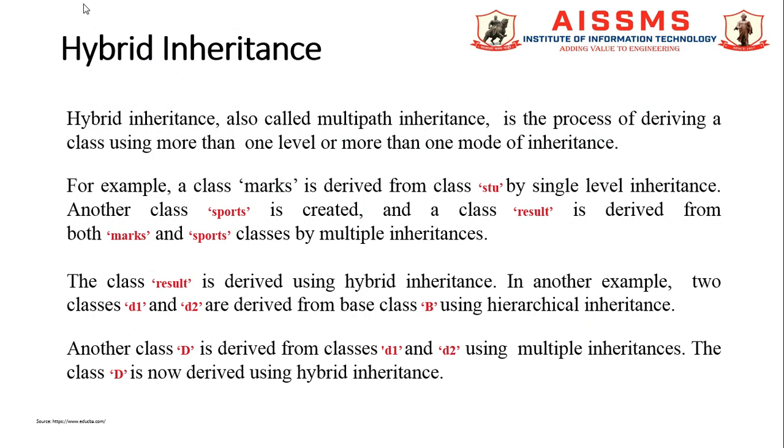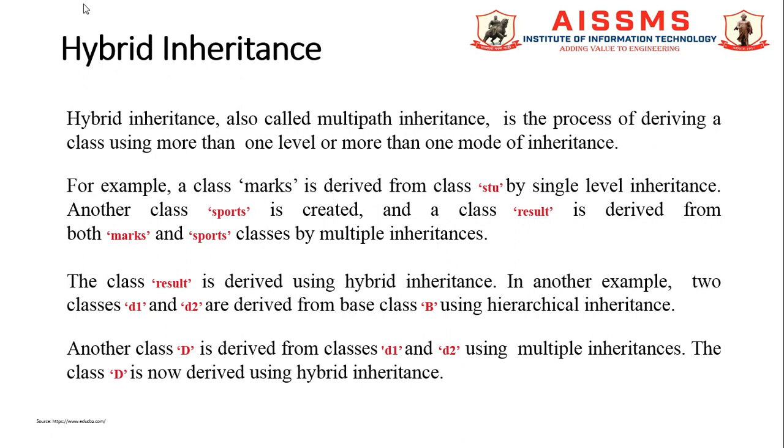As we know about inheritance, the last type of inheritance we will discuss today is hybrid inheritance. Hybrid inheritance is the combination of various types of inheritance, that is multi-level, single inheritance and multiple inheritance.